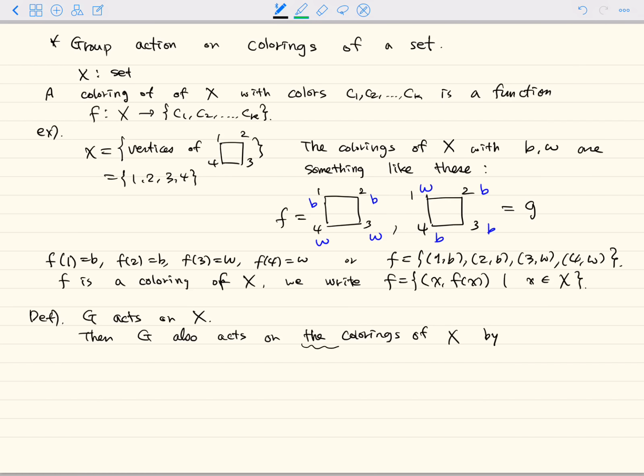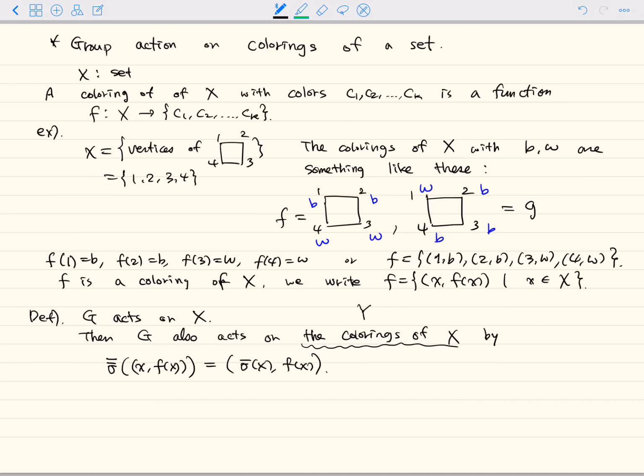Now the set of colorings is Y. Y is the set of colorings, and G acts on Y as follows. If it acts on Y, every element should be a permutation of elements in Y. So let's say sigma double bar applied to a coloring element (x, f(x)) equals (sigma bar x, f(x)).